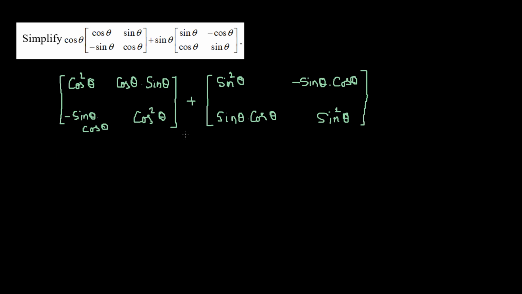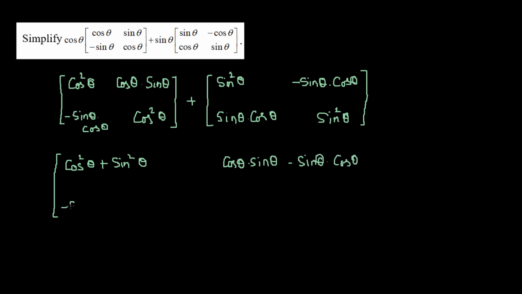Now, since the two matrices are of the same order, we'll add them up. So the first entry will be cos squared theta plus sine squared theta. The second entry will be cos theta sine theta minus sine theta times cos theta.